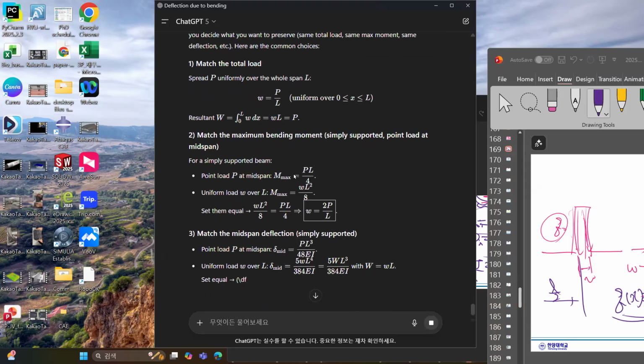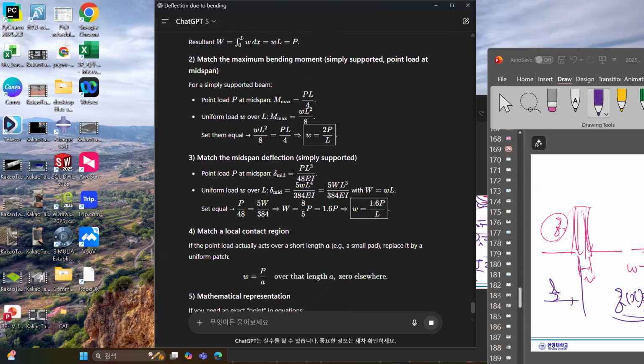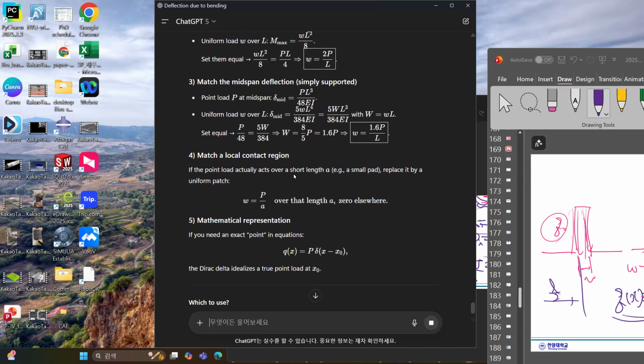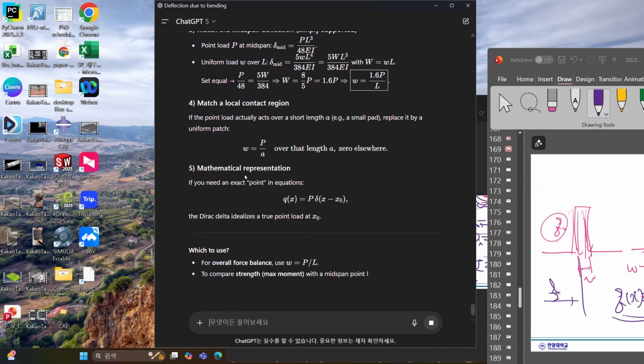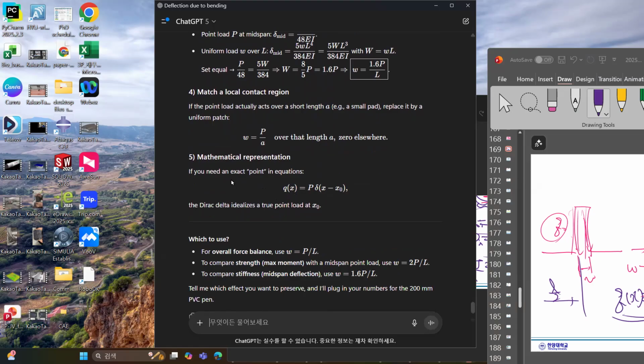Okay. Here, mathematical representation. If we need an exact point indication, Qx will be P times delta of X minus X0.